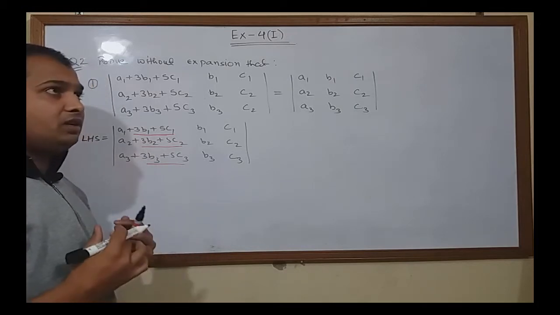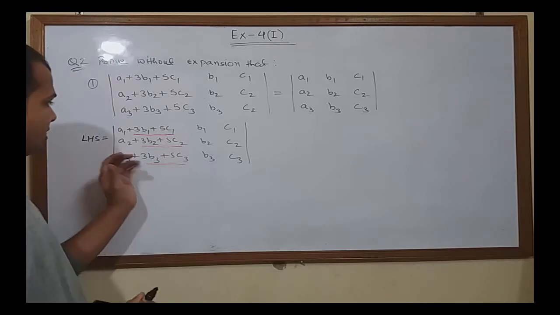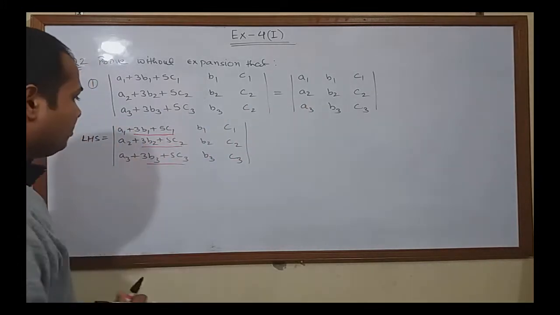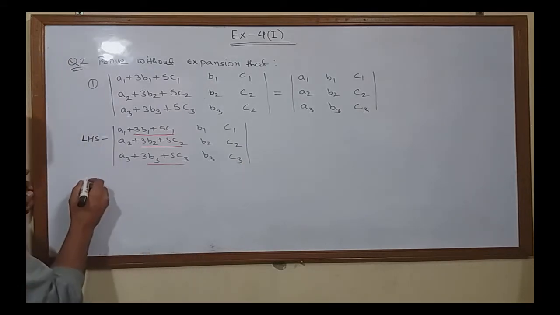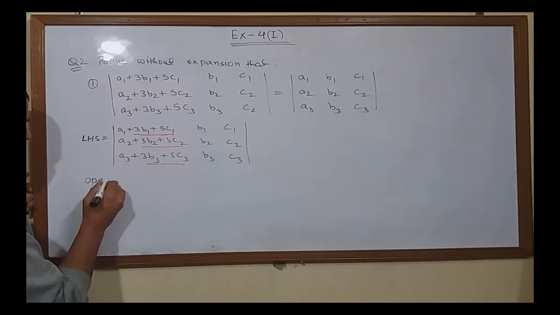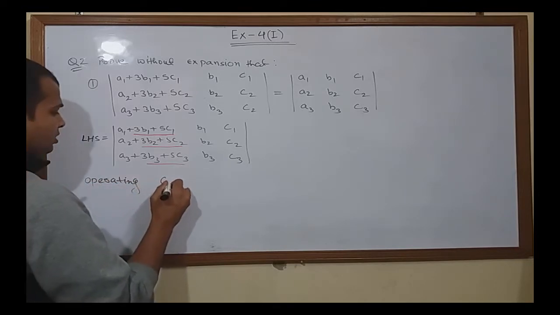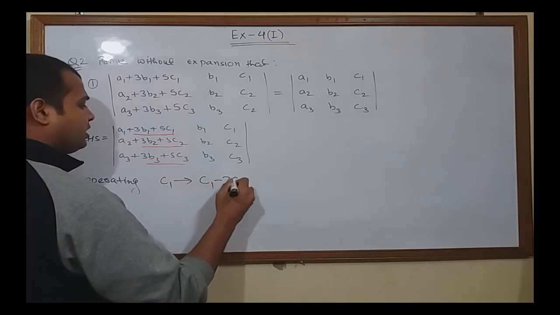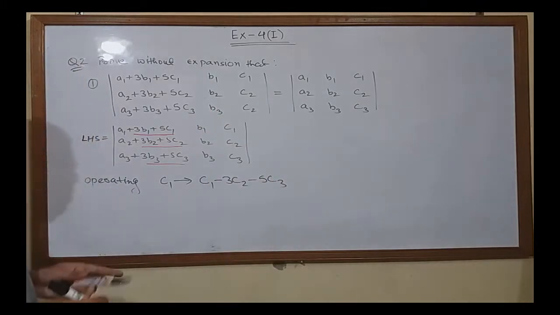Whatever we have decided right now, with that we'll get our right hand side, but whatever we have thought of doing should be written over here. So we'll write operating C1 tends to C1 minus 3 times C2 minus 5 times C3.